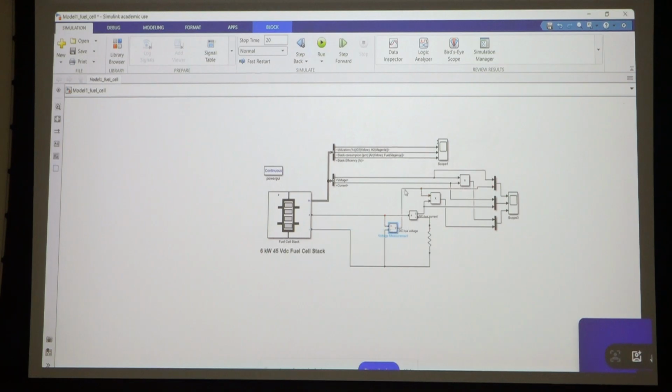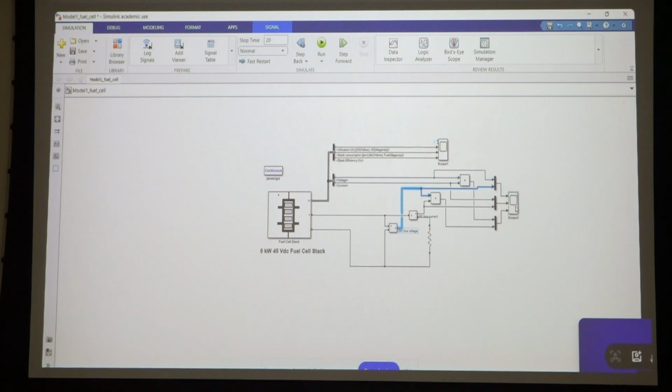This line here, we see this is the first channel. In this oscilloscope we have 3 channels. The first channel has 2 inputs, this one and this one. This one measures our voltage, the lower one, and this one measures our fuel cell stack voltage. So here we can see this is the stack voltage and this is the voltage across the load.